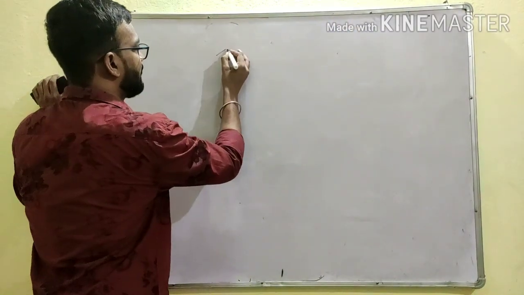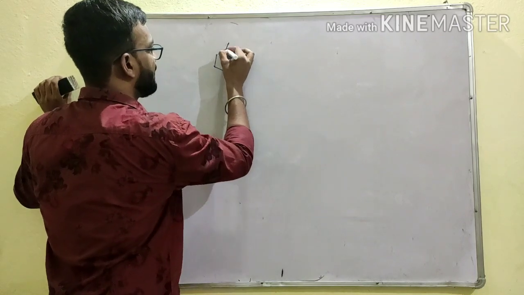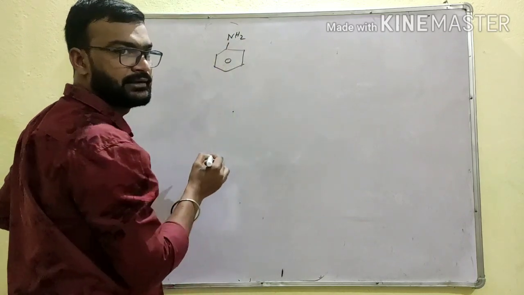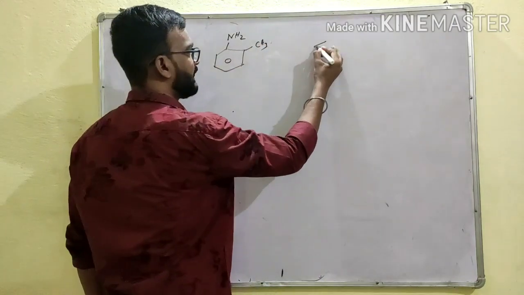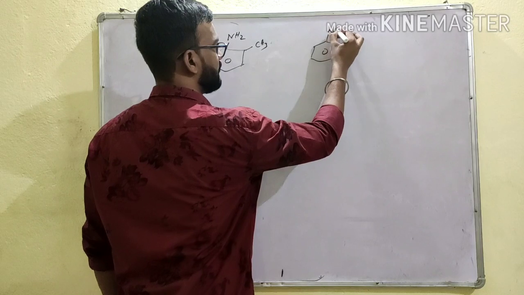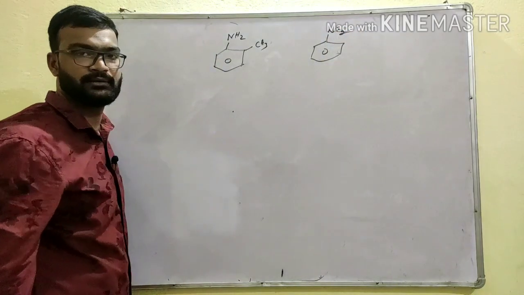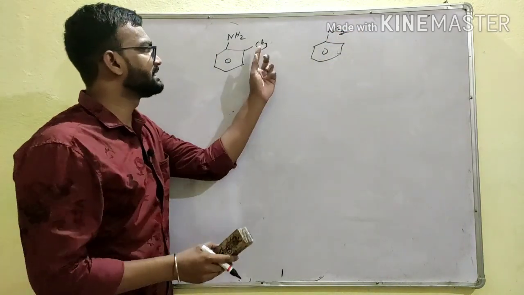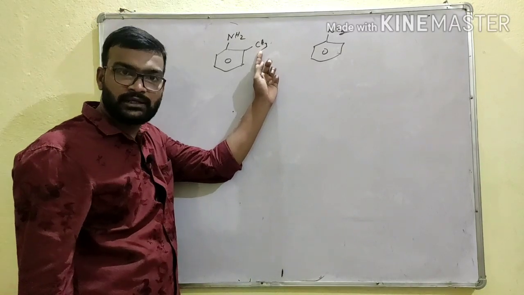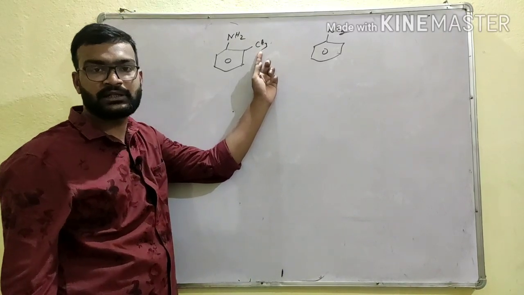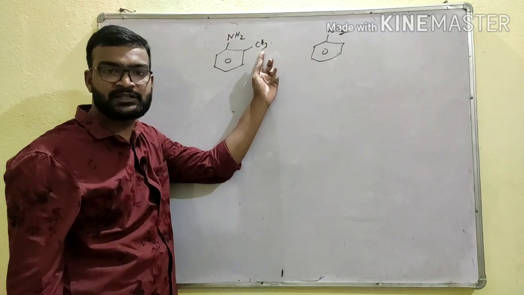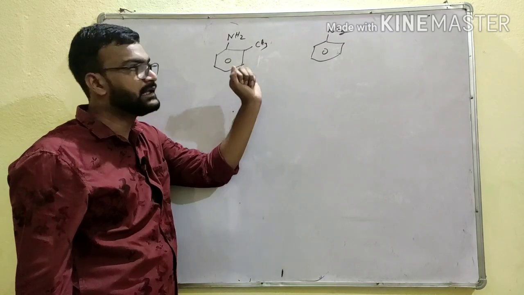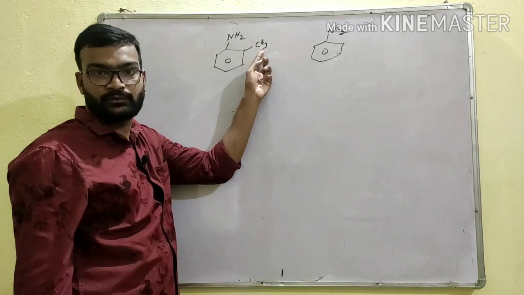See, I have an aniline with a CH3 group, and I have normal aniline. Now we know the CH3 moiety is an electron donating group through hyperconjugation as well as the inductive effect, so plus I effect as well as plus H effect, right? So this is an electron donating group.